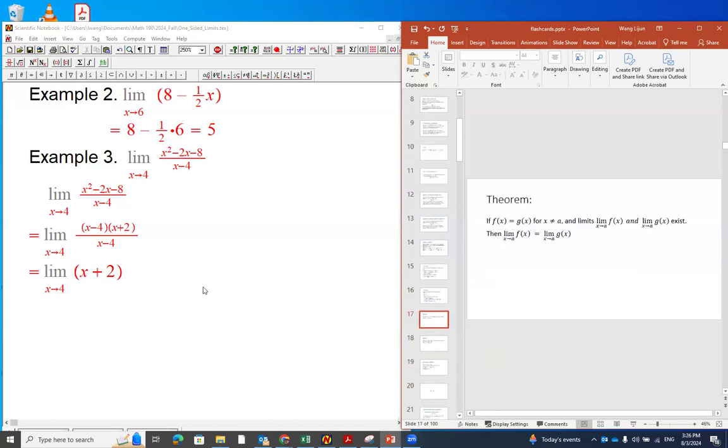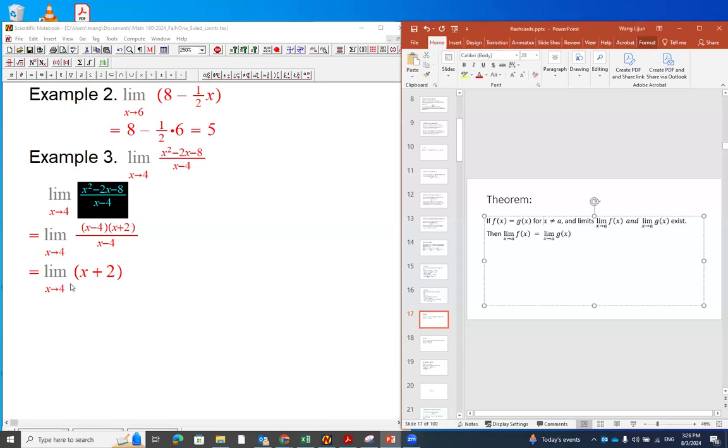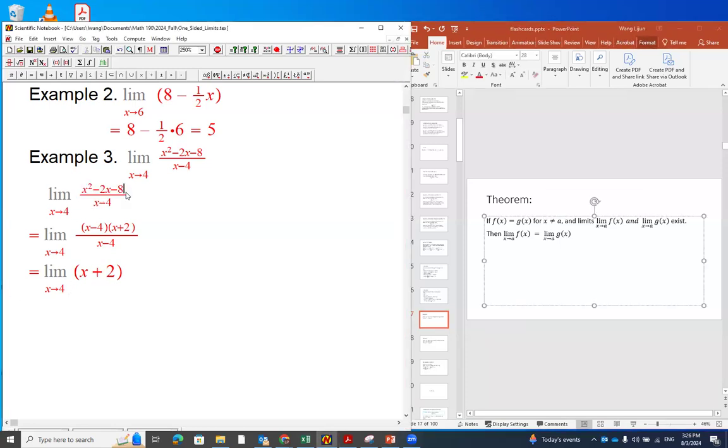You can see this function and the original function given are the same except for one point, x equals 4, because the domain of the original function excludes x equals 4, but the domain of this function is all real numbers.